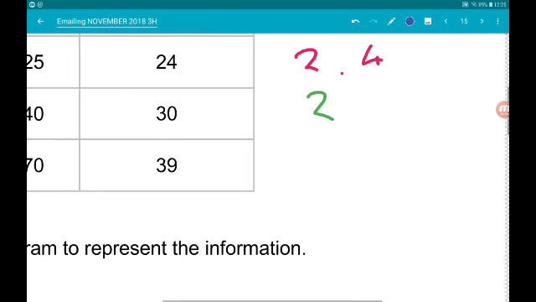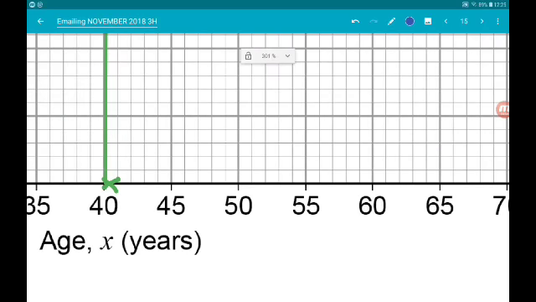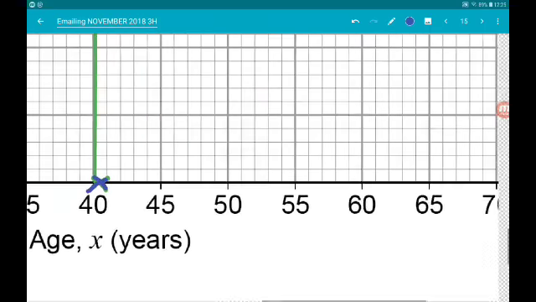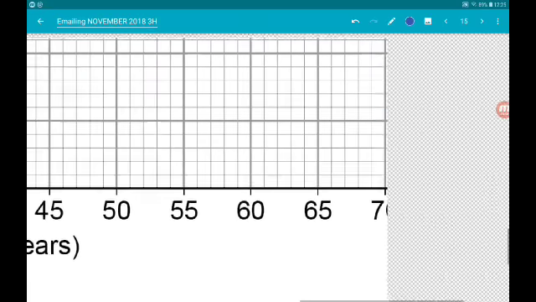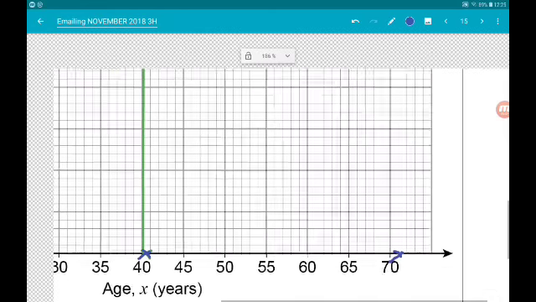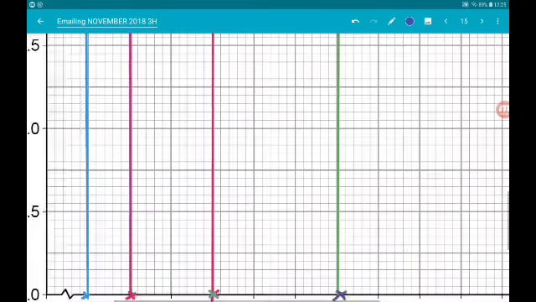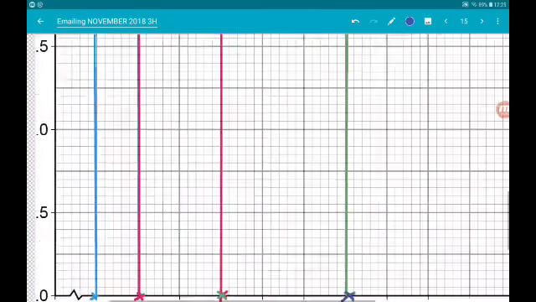So there's 40, there's 70, 1.3, it's going to be 2 little squares above 1.5, so that's there, and there.